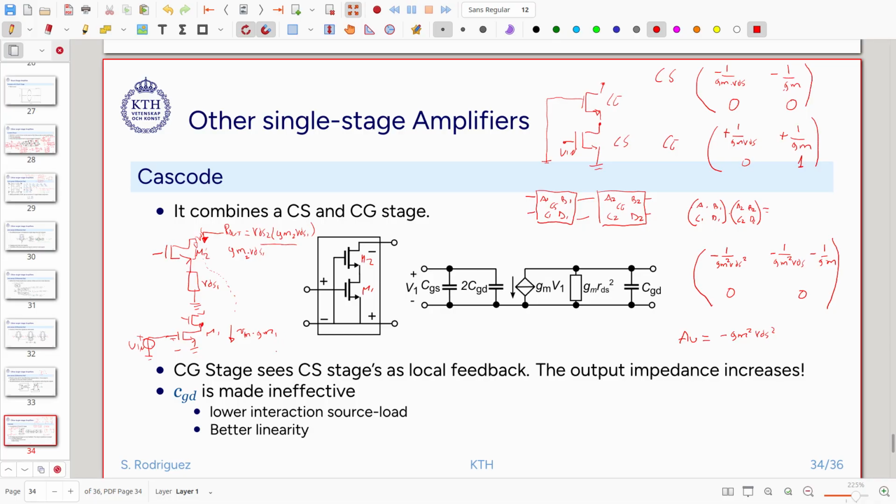So the Vout will be equal to minus Gm1 multiplied by Rout, and that will be minus Gm1 times RDS2 Gm2 RDS1.